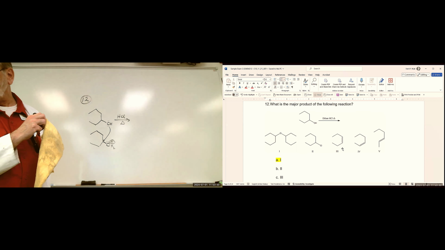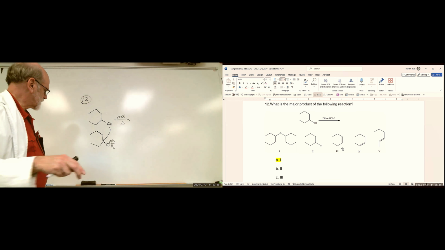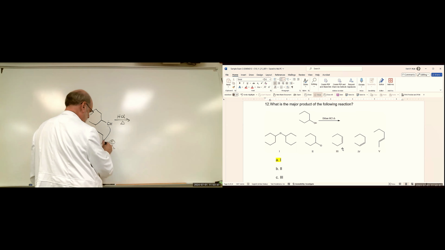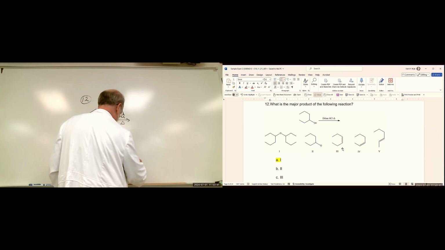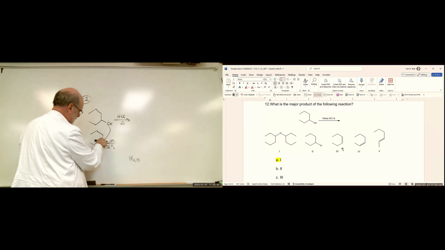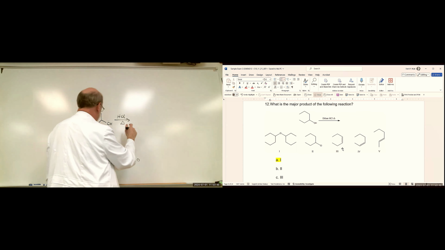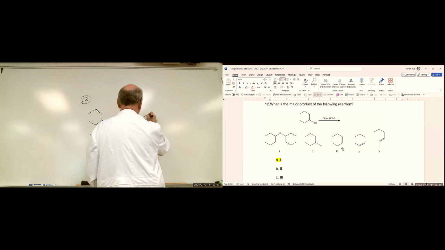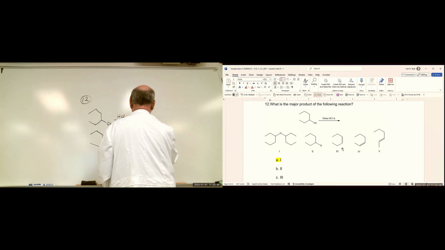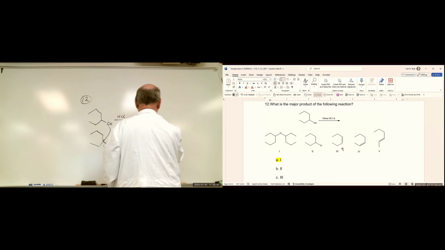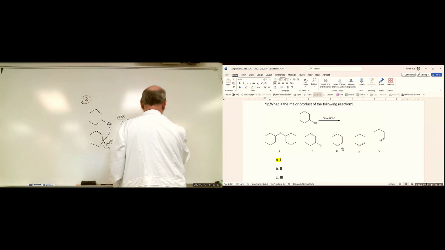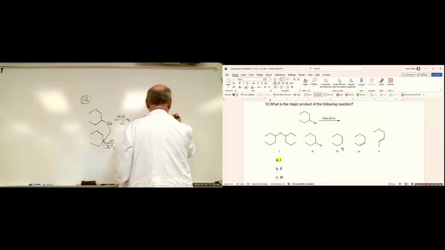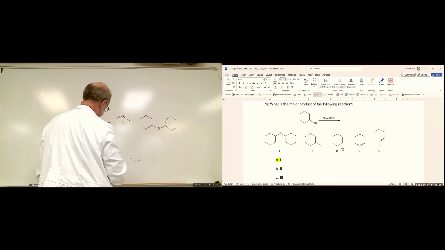Yeah, it attacks the carbon. This is our leaving group, so that gives us water, and this forms a bond here. So now what we end up with is that.